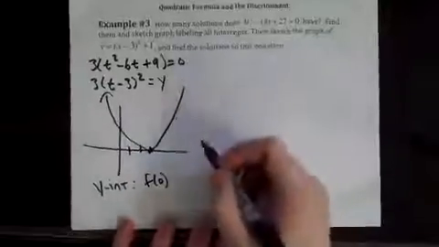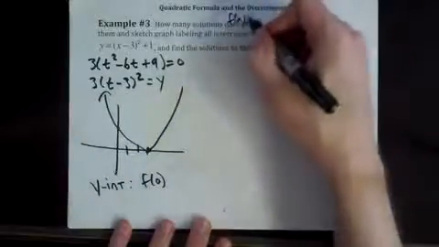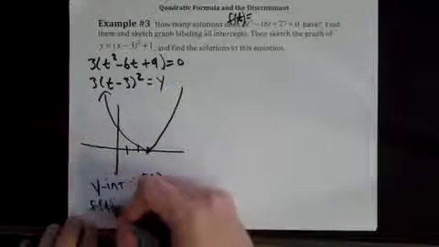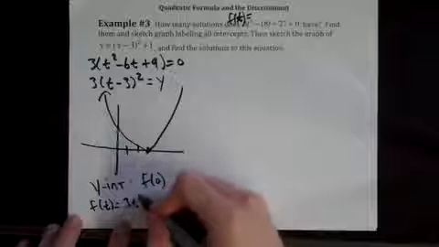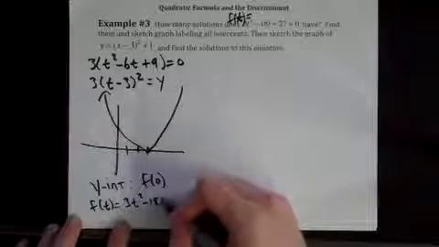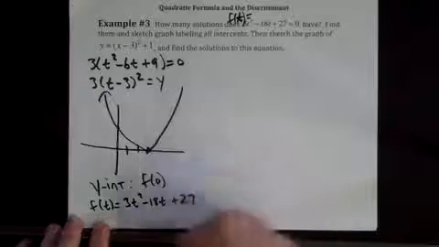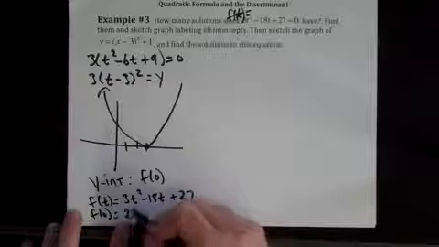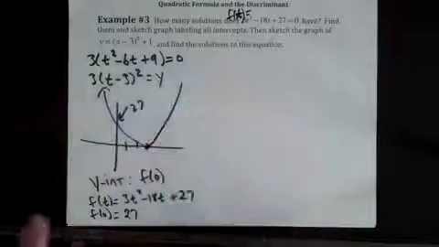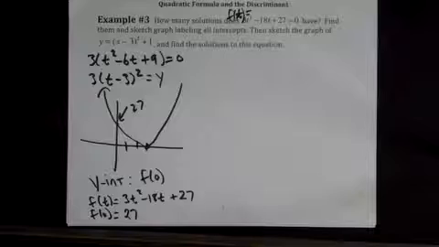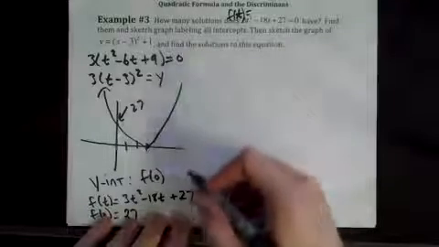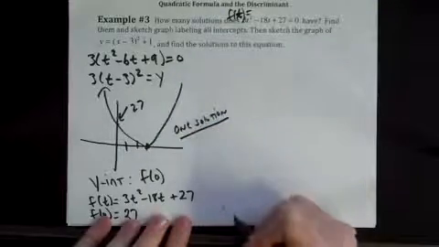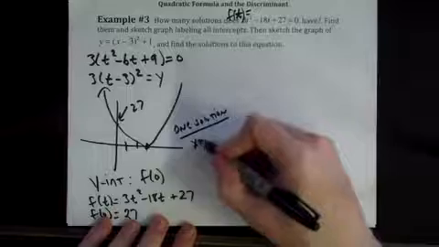So if I have f of t equals 3t squared minus 18t plus 27, f of 0, this is 0, this is 0, the answer is 27. The y-intercept would be 27. There's my graph. How many solutions? There's one solution. One solution, it's t equals 3.